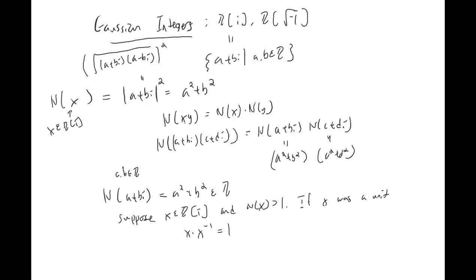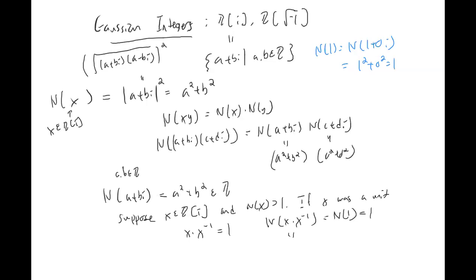But if this is true, then it must be true for the norms. What's the norm of 1, everyone? Side note, the norm of 1 is just the norm of 1 plus 0i, and I know the norm of a plus bi is a squared plus b squared. So this is 1 squared plus 0 squared, which is 1.